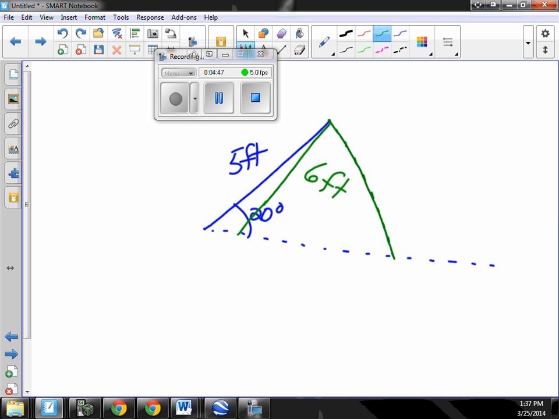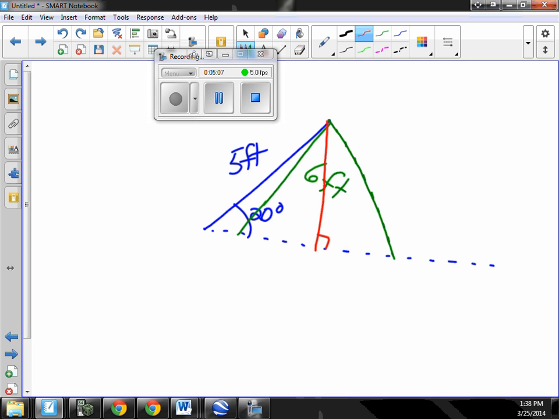Well, what if that 6-foot side was just long enough to meet at a right angle? Would angle, side, side work? In that case, it would. So there are some cases where angle side side works every time, and there are some times when it doesn't.